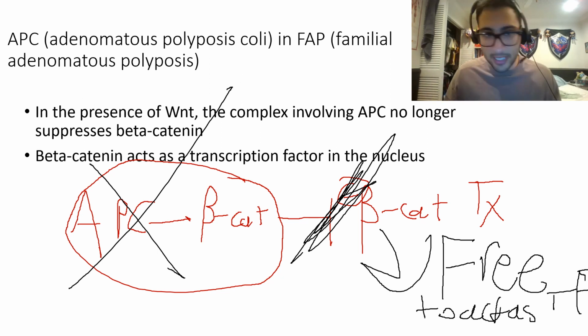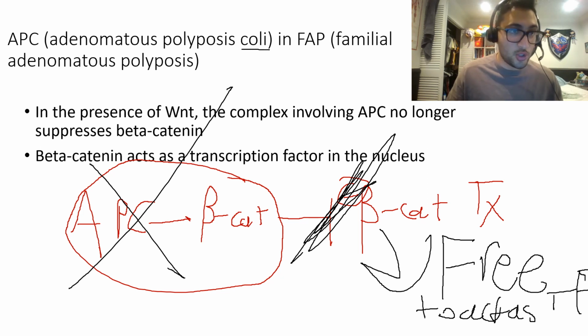Why is it no longer inhibited? Because APC is mutated. APC stands for adenomatous polyposis coli, which means colon gland-like tumors. That's an adenoma, a gland-like tumor. Polyposis means the process of forming polyps.